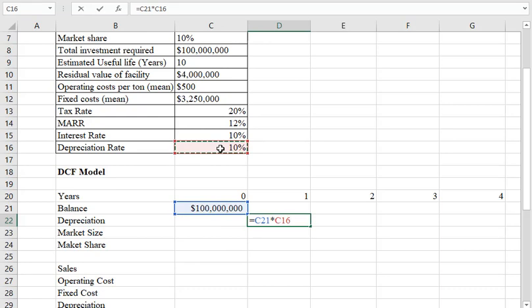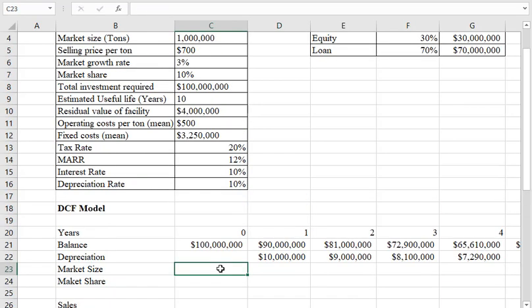Let's fix this depreciation rate, and at the end of the first year the balance will be initial investment minus the depreciation.